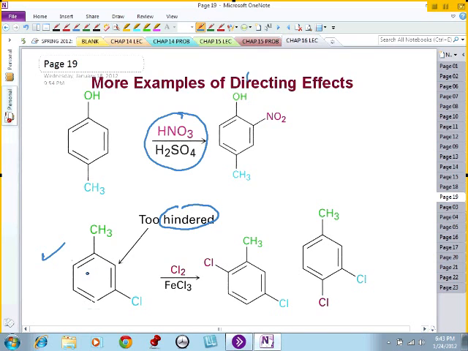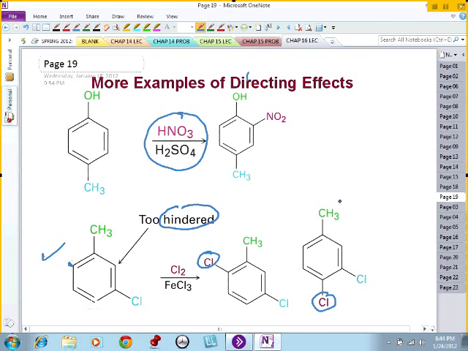So the incoming group will prefer to go right here. And that's what you see here. Of course, we also see the other product in which the chlorine goes to the para position relative to the methyl group. So you find that this is really very simple. All you need to know is just a set of rules that will guide you.